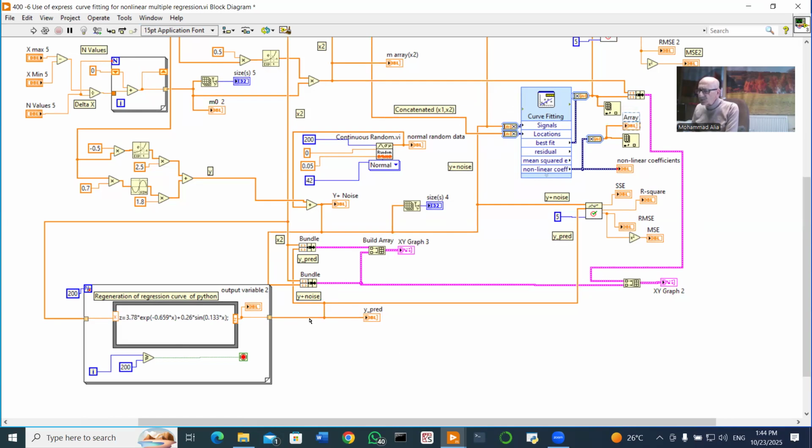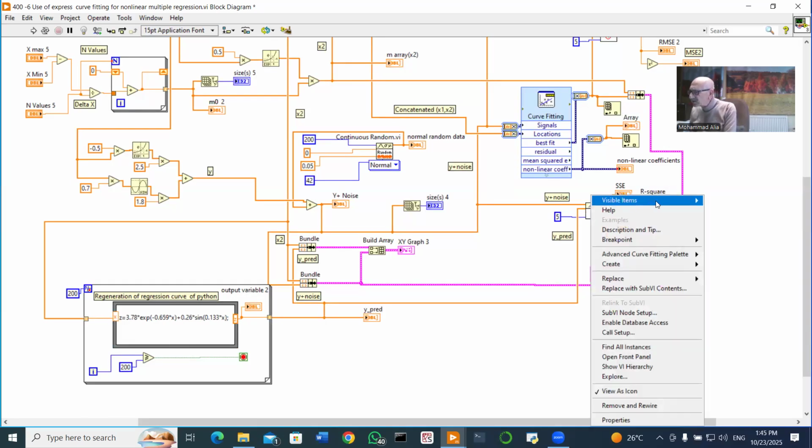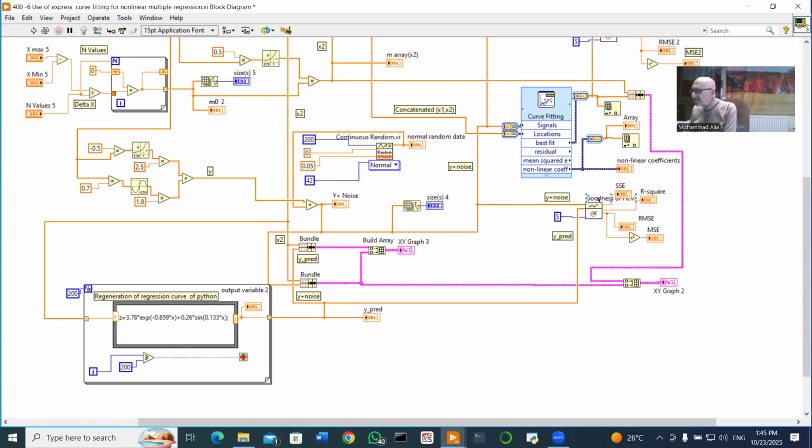And again, to make use of the predicted values to feed them to the goodness function here, and to compare the results when using Python and when using LabVIEW, but in this case, by using the express curve fitting, not by using curve fitting LM.